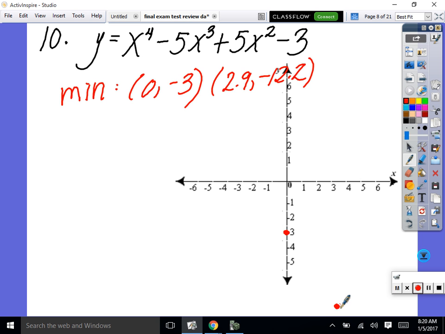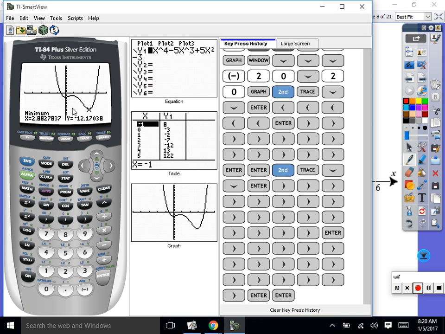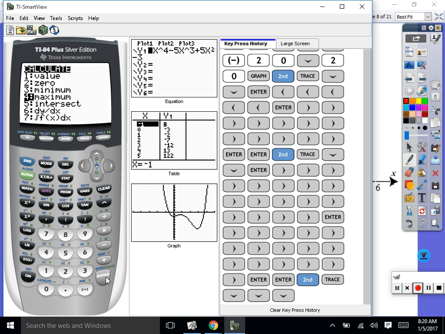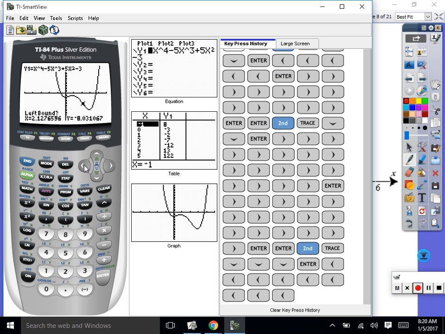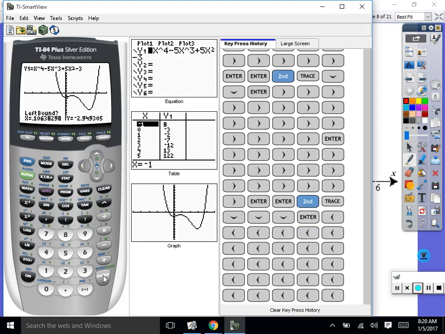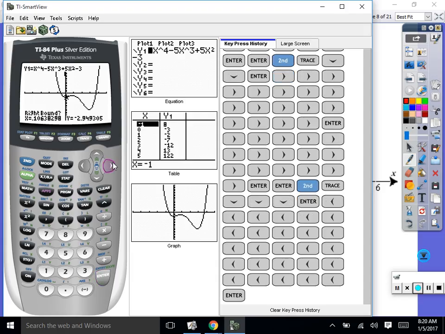Now let's find the max. So max is the highest point, which is right there. So you'll do second trace. And you'll go down to maximum. Now it says, where is the max? Like, where's a left bound, left of the max? So you're telling it which interval to find the highest point of. So I'm left of the max, I hit enter. Go right of the max.